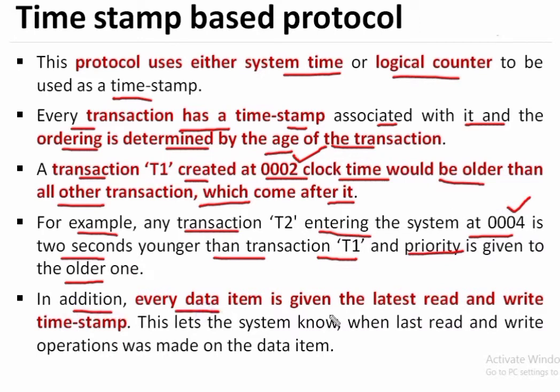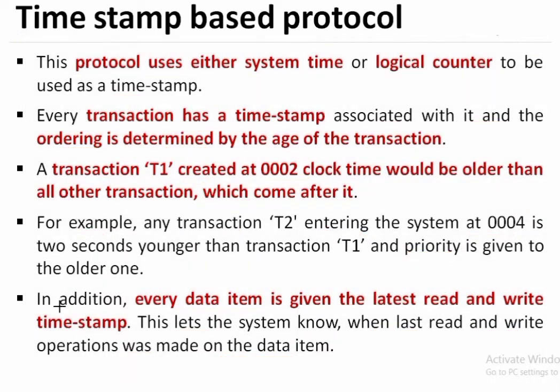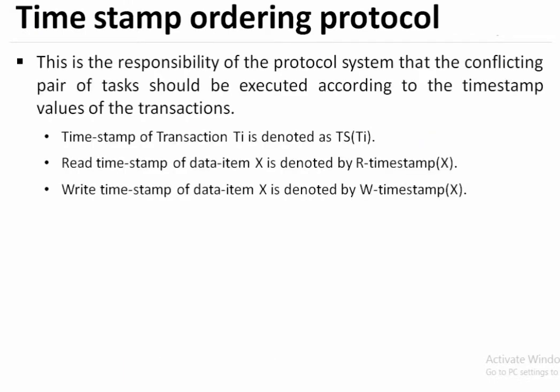In addition, every data item is given the latest read and write timestamp. This lets the system know when the last read and write operation was made on that particular data item. It is the responsibility of the protocol system that the conflicting pair of operations should be executed according to the timestamp value of the transaction.